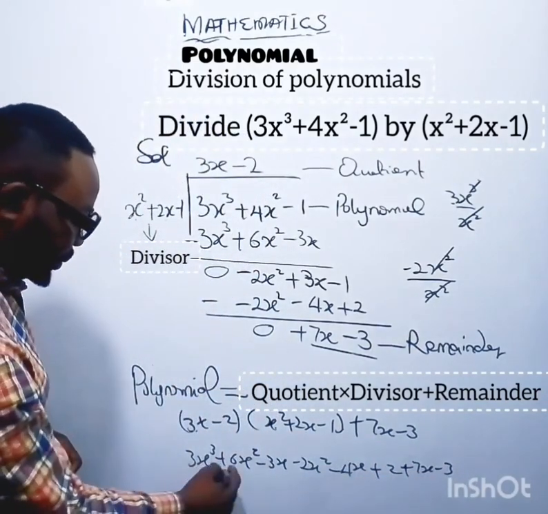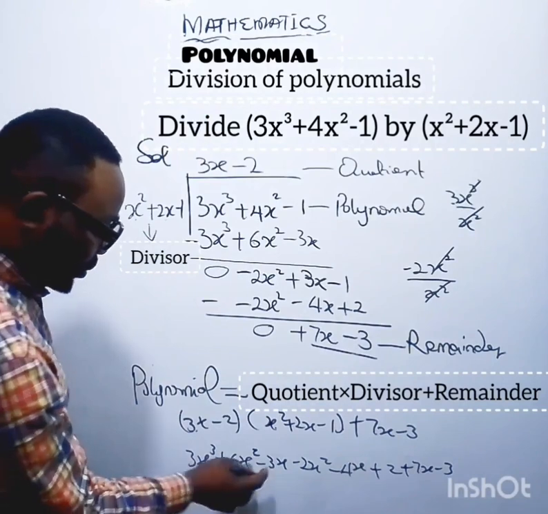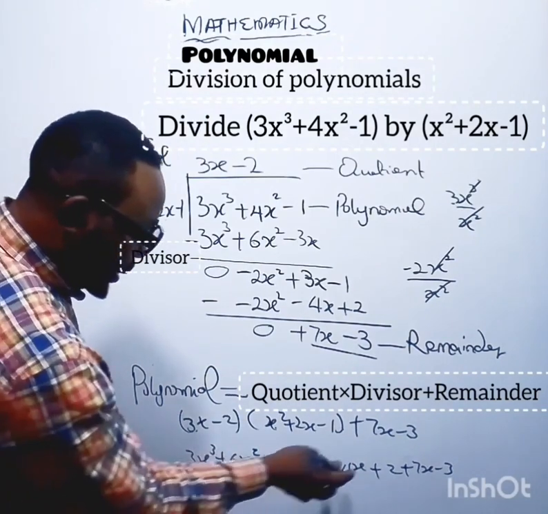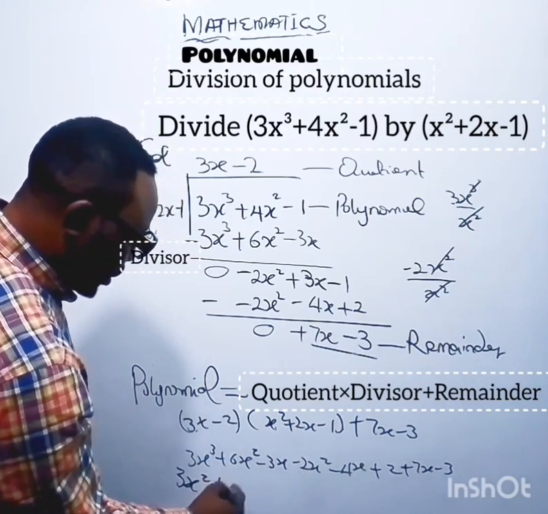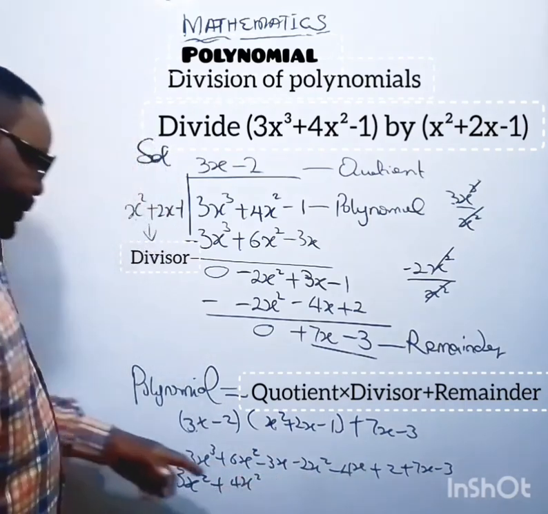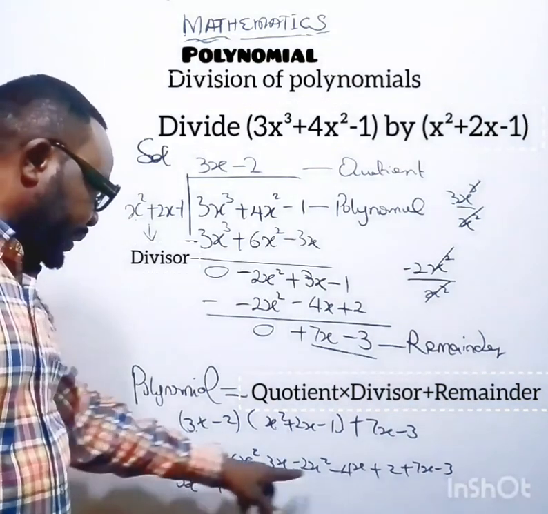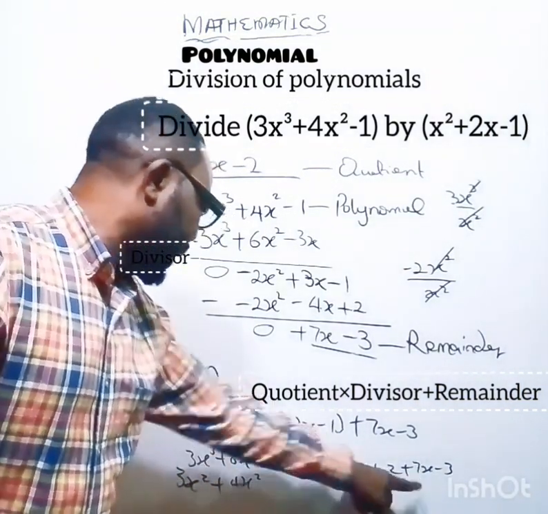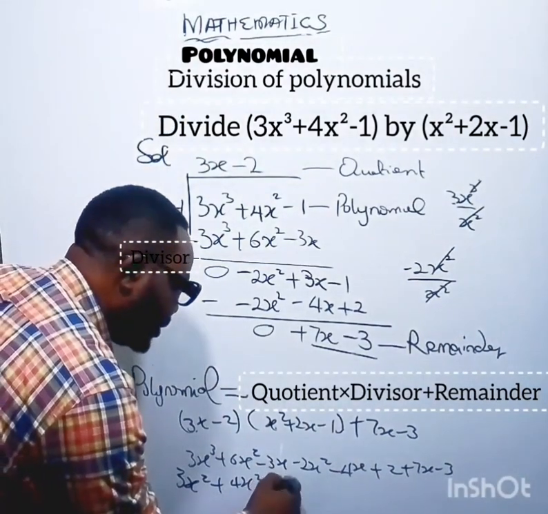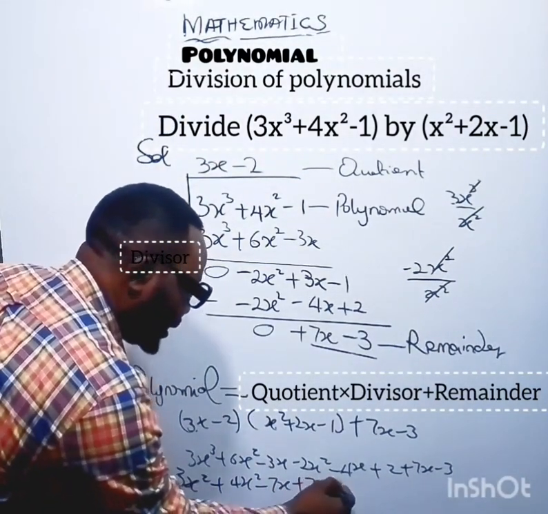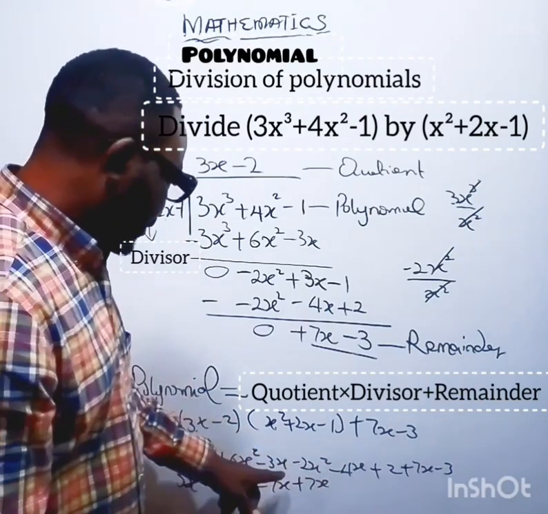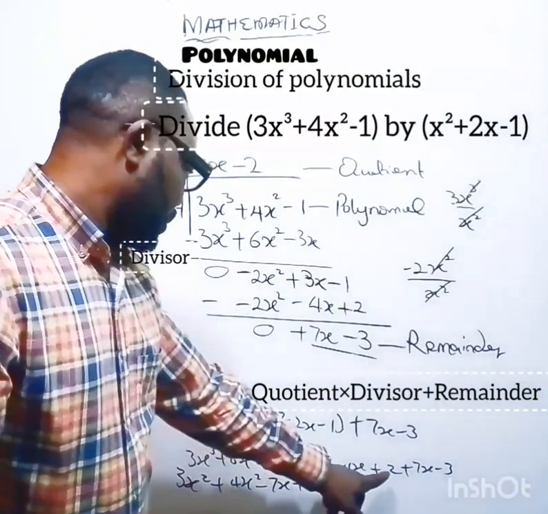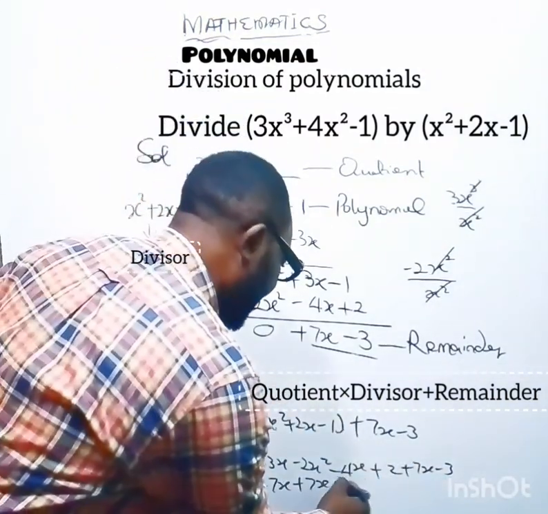So we have 3x cubed, plus 6x squared minus 2x squared, that will be plus 4x squared. Minus 3x minus 4x plus 7x, that is going to be equal to 0. Then for the other values we have plus 2 minus 3, that will be minus 1.